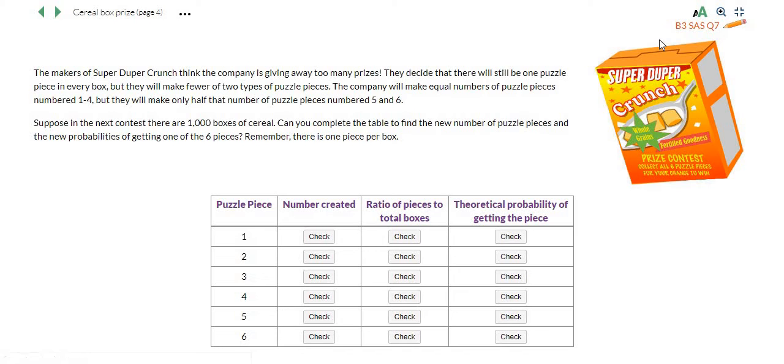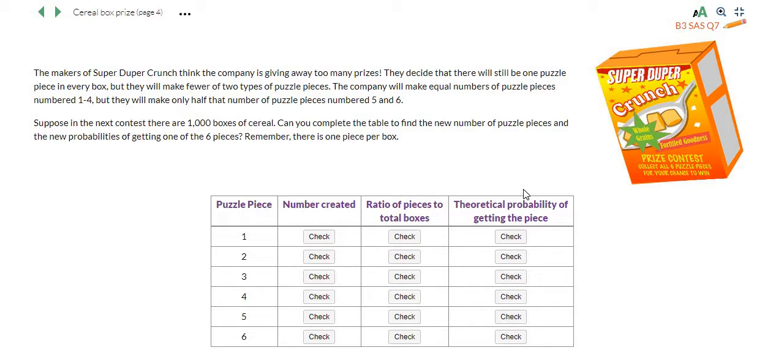So, number 7, the cereal company was having a lot of people win the grand prize of finding all 6 puzzle pieces. So, they said we need to make this a little harder.